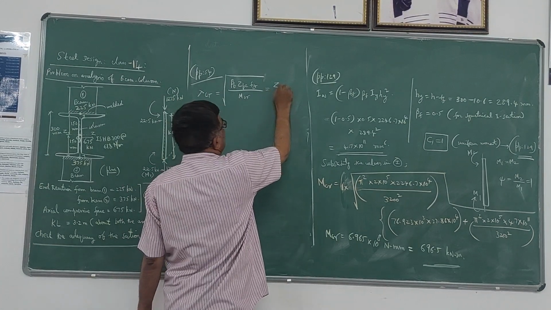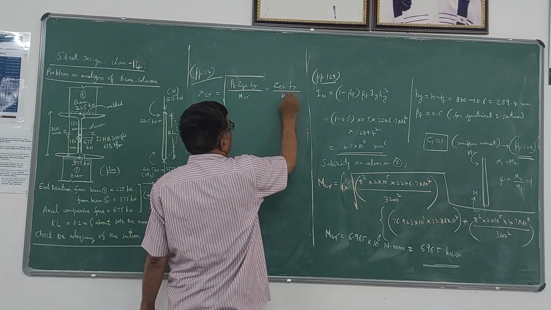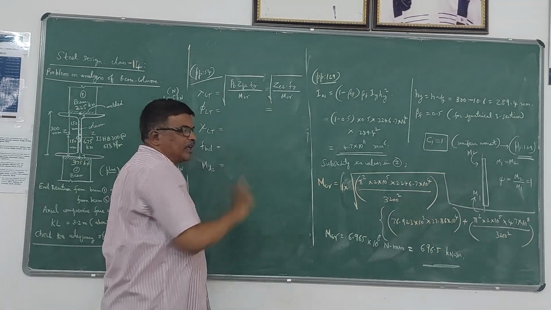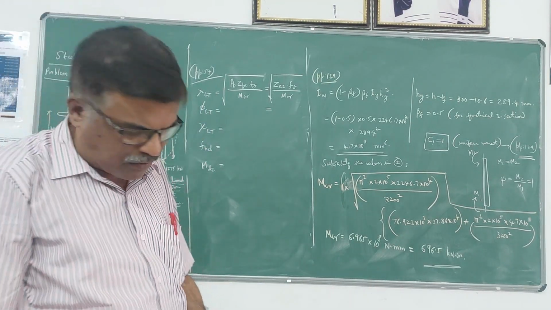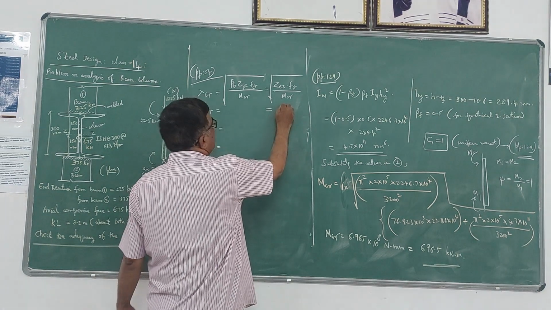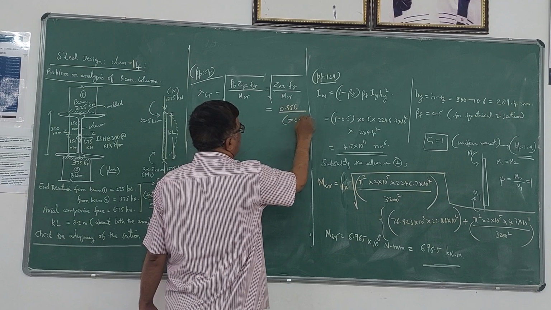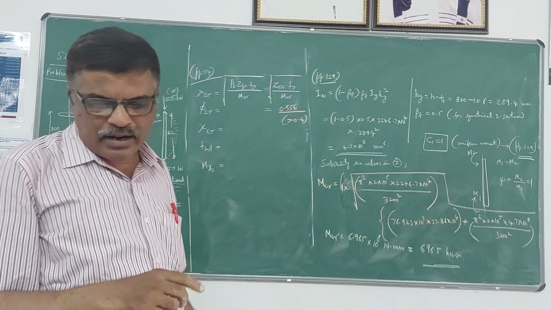You will be left with the square root of ZEZ into Fy by MCR. If you substitute the values and simplify in newtons and millimeters, you get 0.556, which is greater than 0.4. Therefore we have to consider the effect of lateral buckling.